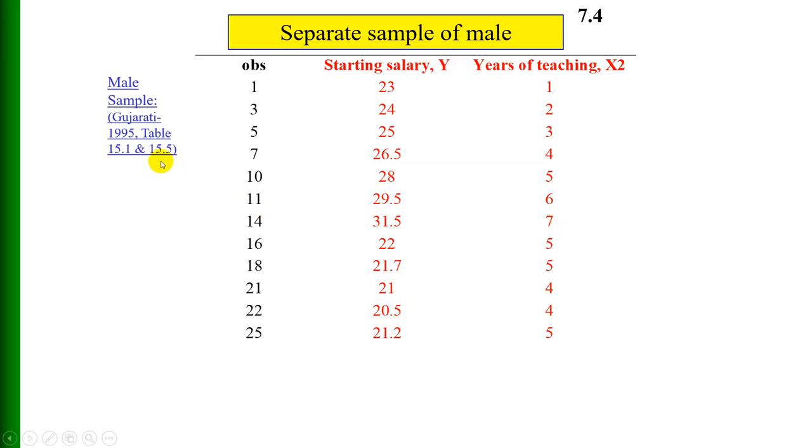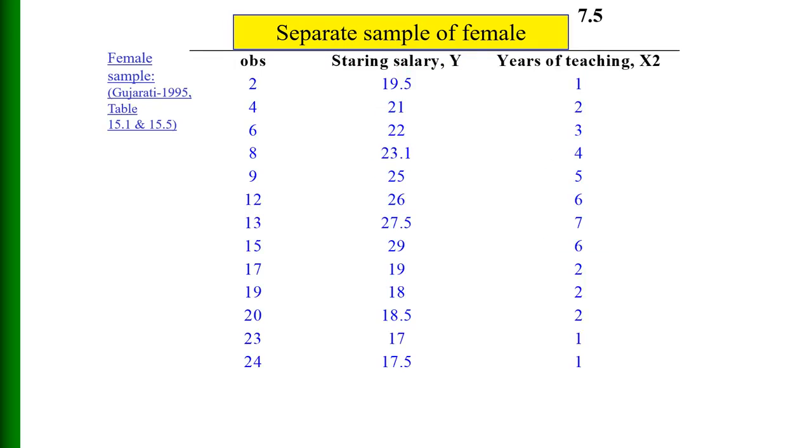This example is available in the Gujarati book, 95 edition, table 15.1 and 15.5. So the total number of observations is 12, and this is a separate sample for females. These are 13 observations, and again this example is in Gujarati. This is the starting salary in thousands, the dependent variable y, and this is our independent variable, years of teaching, denoted by x2.